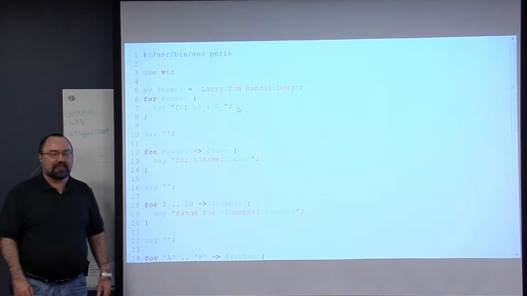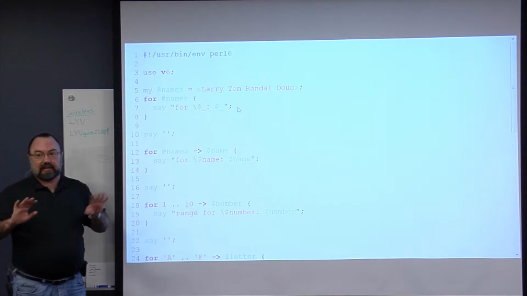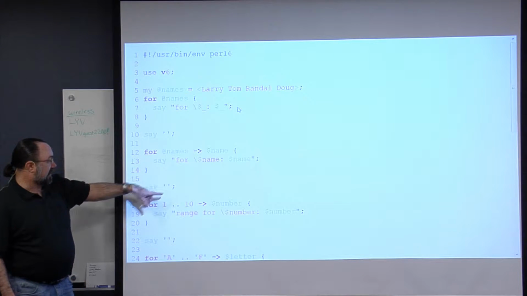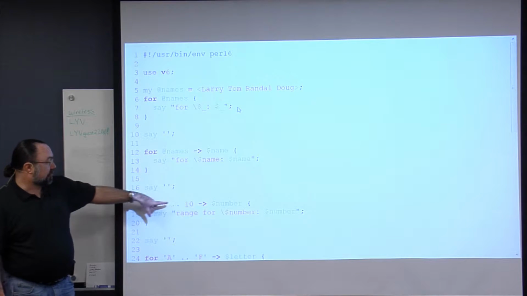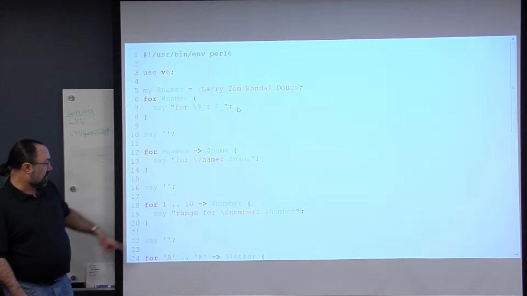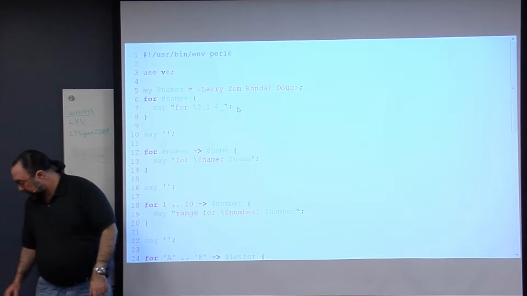But Perl 6 isn't that way, and we'll get to that in a little bit. Then I've just got another blank line. And then I'm showing you doing the same thing using the range operator. So we still have the double dot range operator. No surprises there, right? Just puts it into number, prints it out.